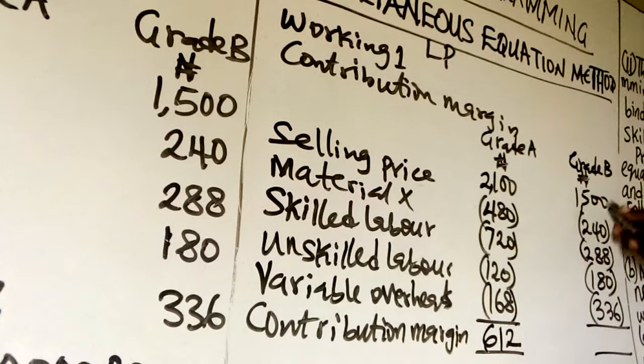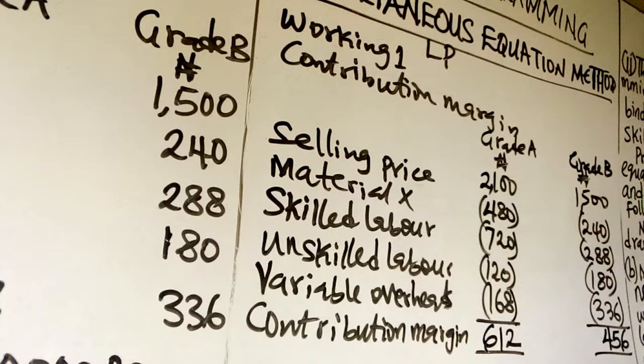Also 1,500 minus 240 minus 288 minus 180 minus 336, we have 456. That is our contribution margin.